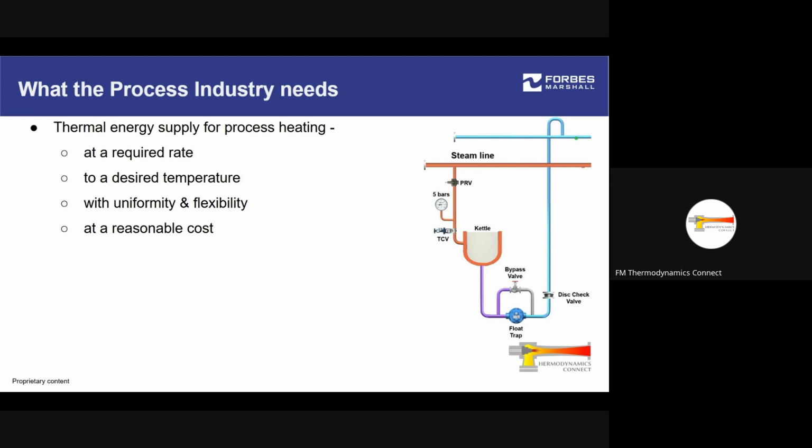As I was saying earlier, if this is your steam line, if this is your steam tapping, you have a pressure reducing valve, you have a temperature control valve in this context. You also have a pressure gauge, where the heating is happening through this jacketed segment.